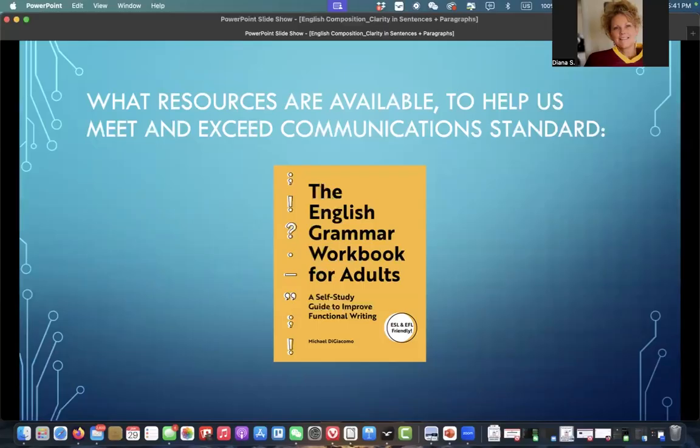They've made an agreement for a limited time with the publisher, the distributor, or whatever. This one is a self-study guide. It is ESL and EFL friendly. You can also look online for free online copies of the Big Blue Book of Grammar and the Writer's Guide. The Writer's Guide was done in 2012, and it's still very valid.